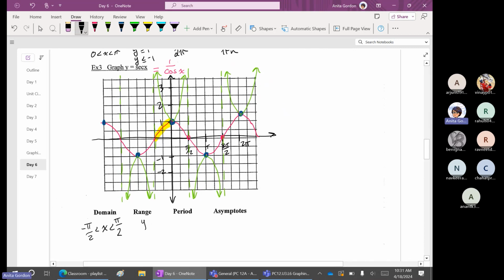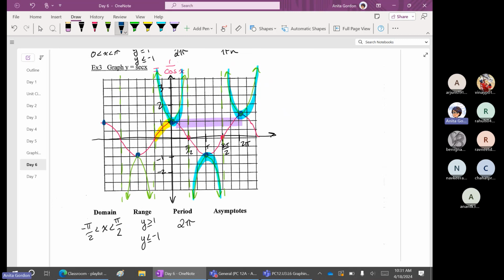My range is going to be the same, greater than or equal to 1 or less than or equal to negative 1. Period is still 2 pi, right? Because I'm tracking where does the pattern begin. And my asymptotes are slightly different.